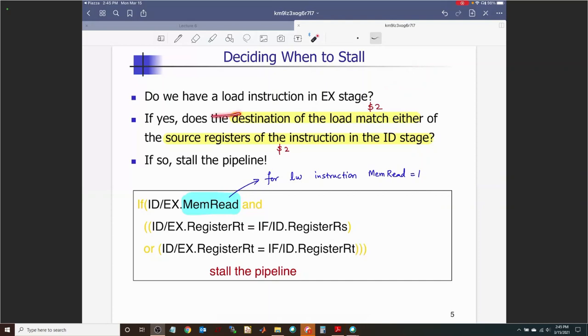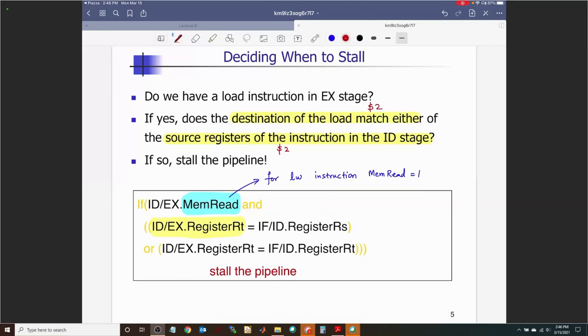And what? We need to check whether the destination register in the load matches the source register in the instruction previous to that. So the destination register in the load is what? IDEX register RT. So that is one of the destination registers. Does that match?